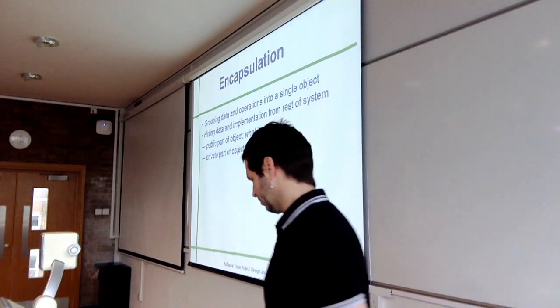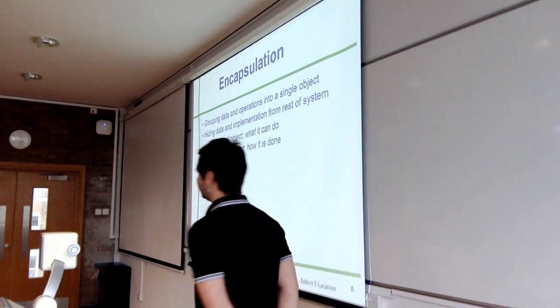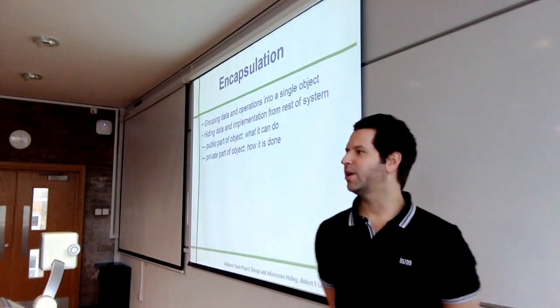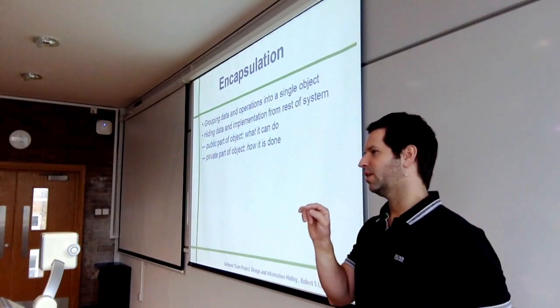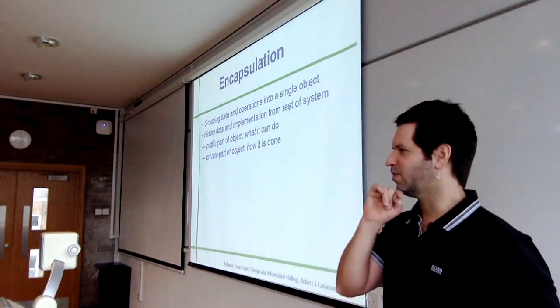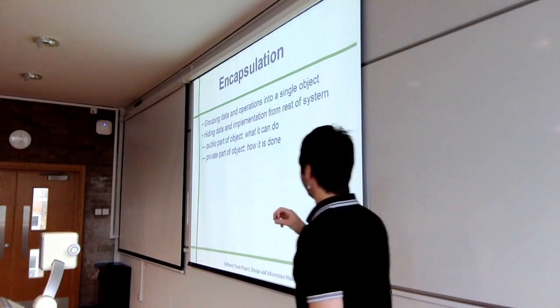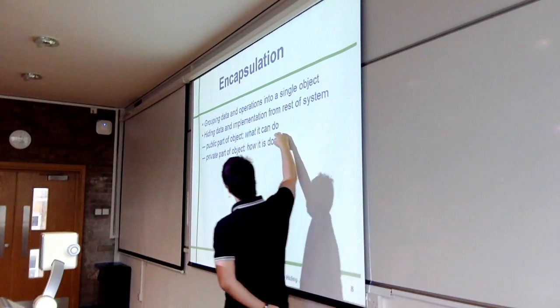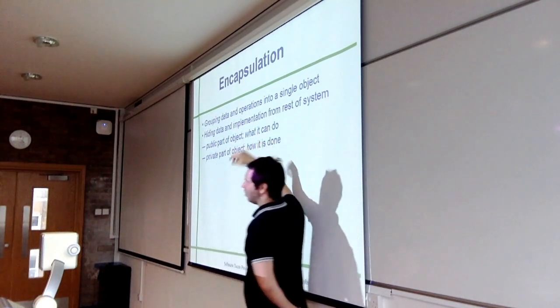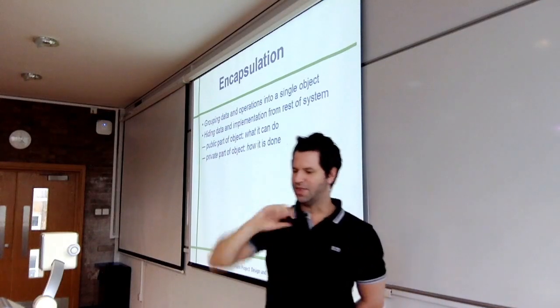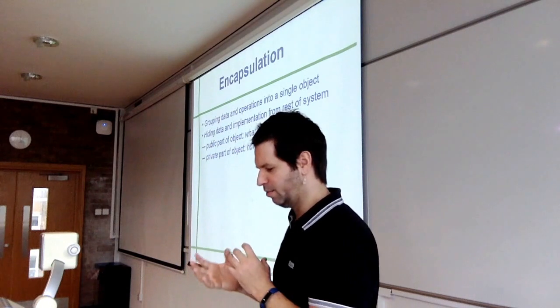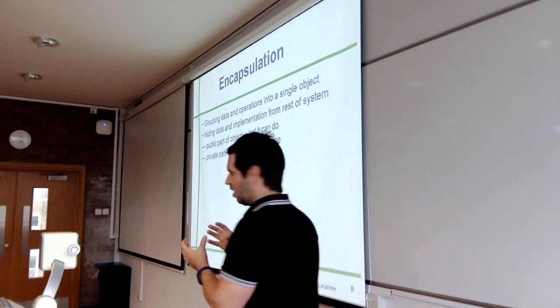A better or simpler analogy is an old-fashioned DVD player with the play button and the rewind button and the fast-forward button. You know what the DVD player does. The buttons that you can see are the public part of the object. Everything underneath the plastic cover is the private part, how it's done.